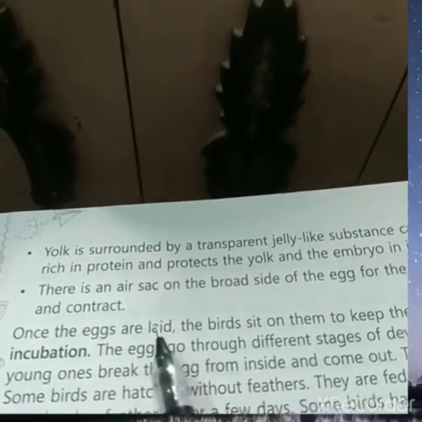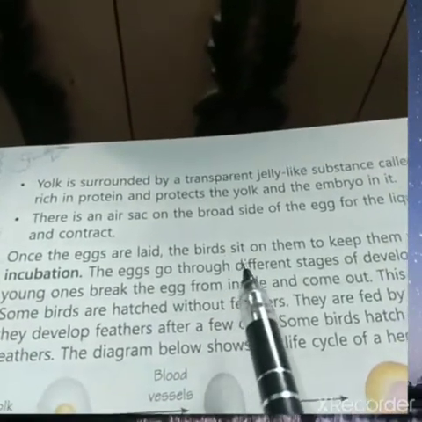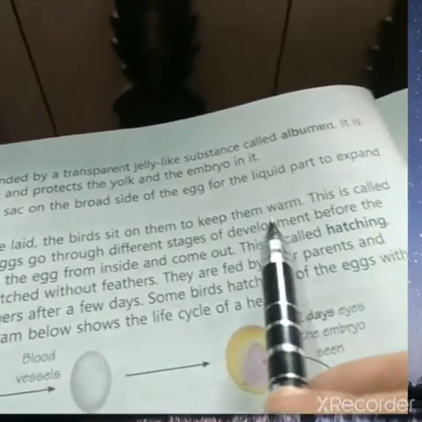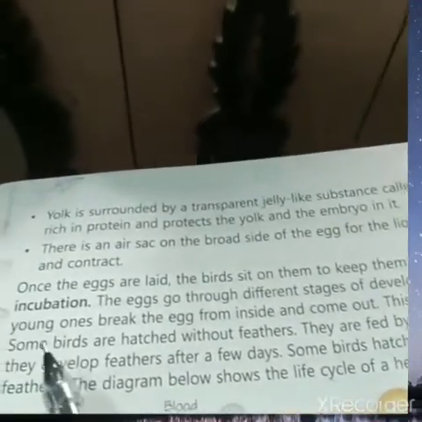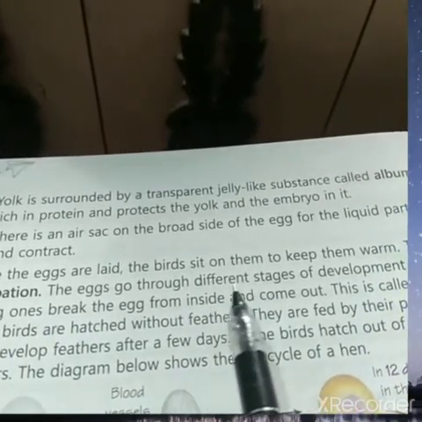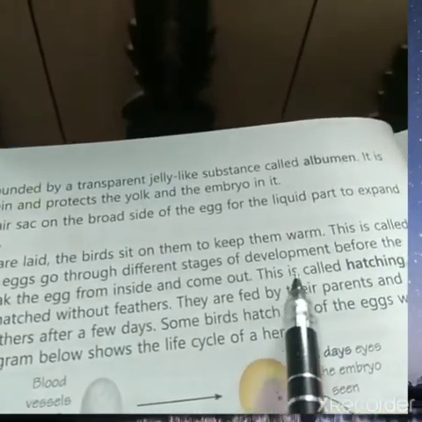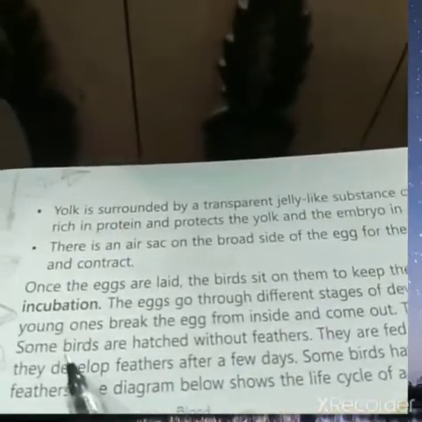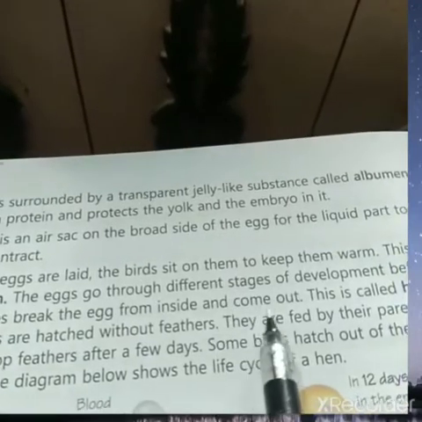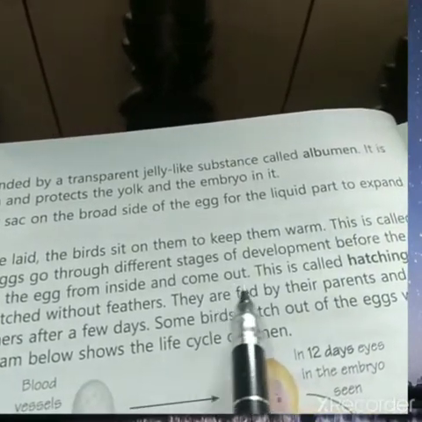Once the eggs are laid, the birds sit on them to keep them warm. This is called incubation. The eggs go through different stages of development before the young ones break the egg from inside and come out.